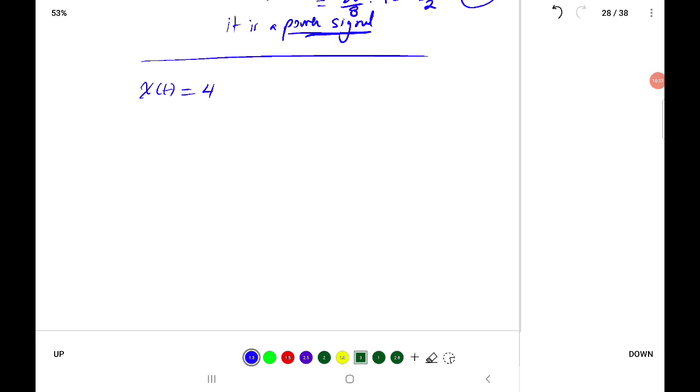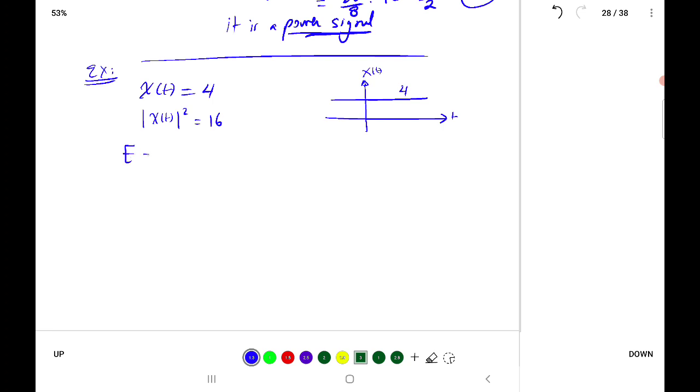Well, that's the last example in continuous time signals. Let's say x of t is equal to 4, something like that. Constant. So the magnitude will be the same, and when you square it, it will be 16.